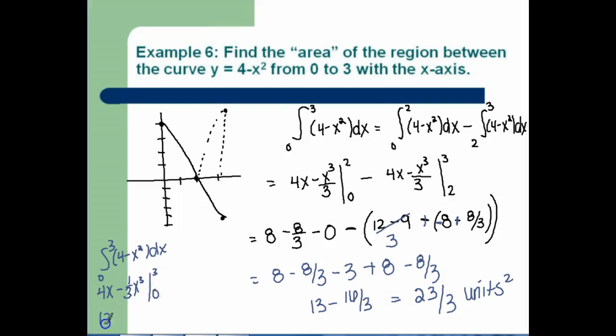So it would be 12 minus 9, right? 27 divided by 3. So the integral value is 3. The area under the curve is 23/3. So for the area, we basically flip it up, right? Correct. You have to make everything above the x-axis. So that's the point: if it asks you for area, you need to make it above the x-axis.